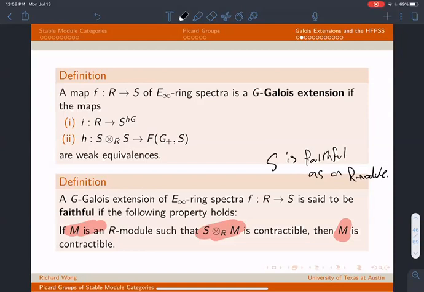So for Galois extensions of discrete rings and fields, like if you take their Eilenberg-MacLane spectrum, it's always going to be faithful.